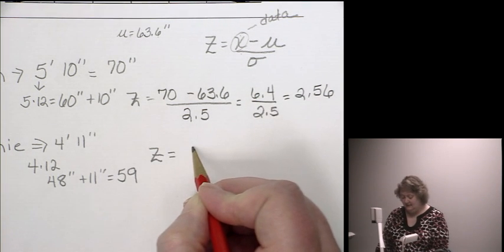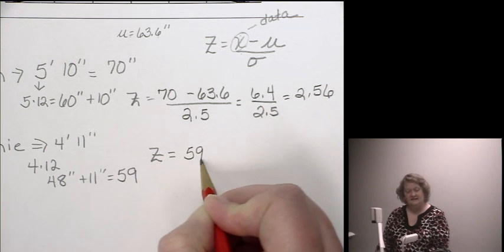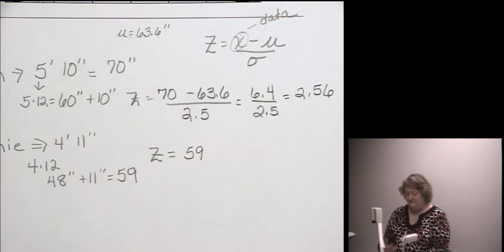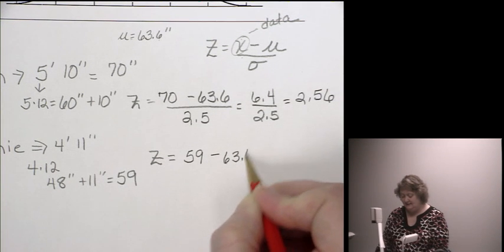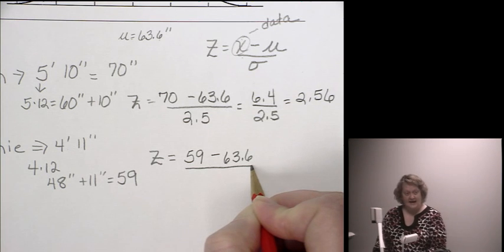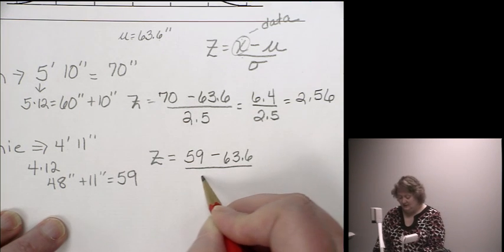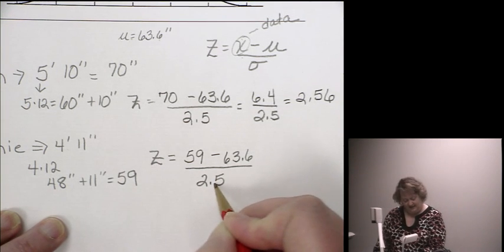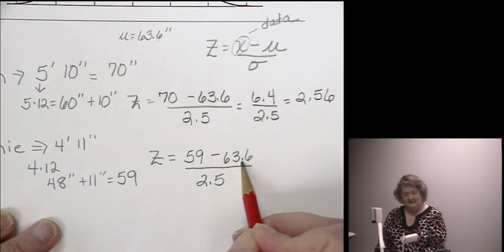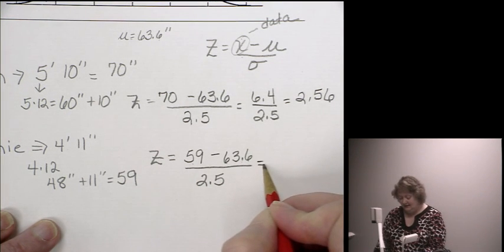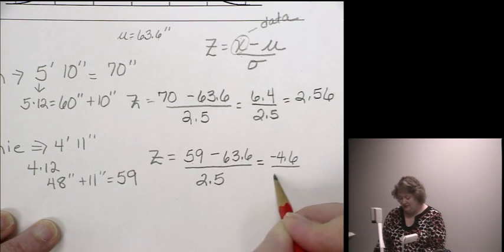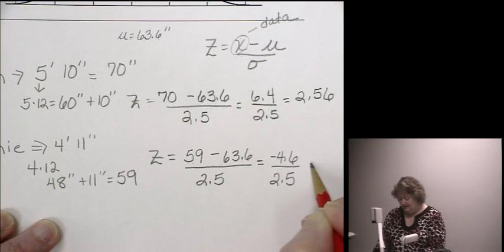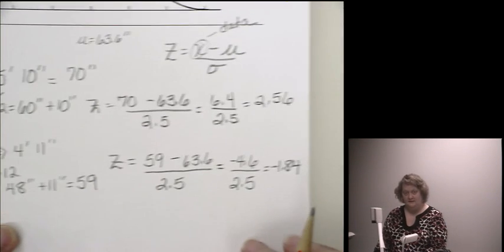X is 59 this time because that's the number I'm talking about. 59 minus the mean, which is 63.6, divided by 2.5, which is the standard deviation, 59 minus 63.6 equals negative 4.6, divided by 2.5 equals negative 1.84.